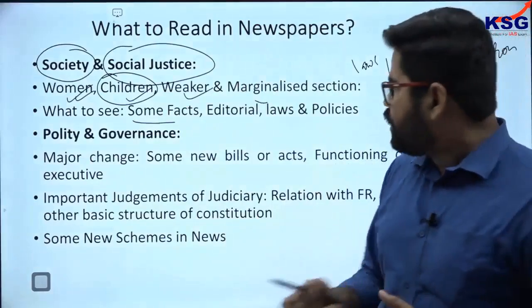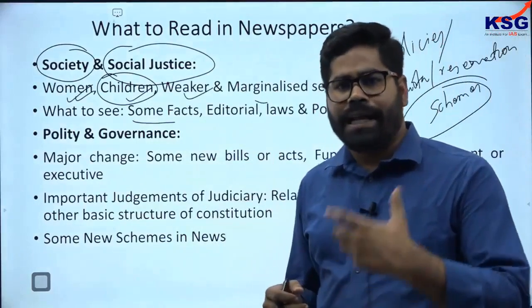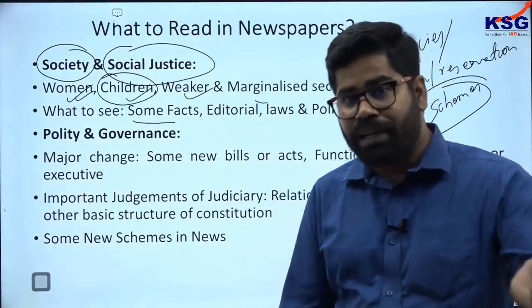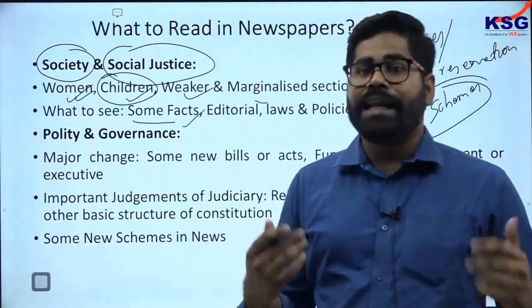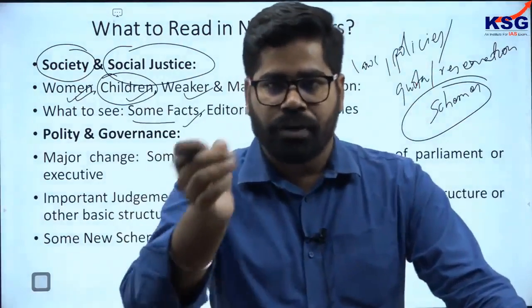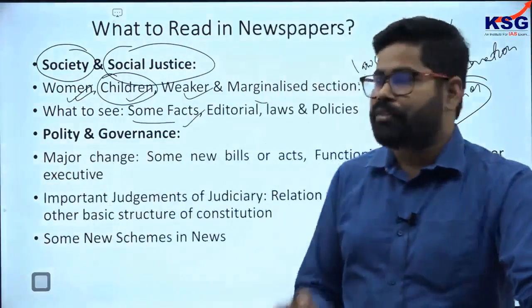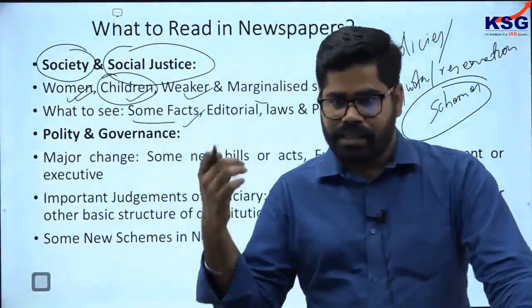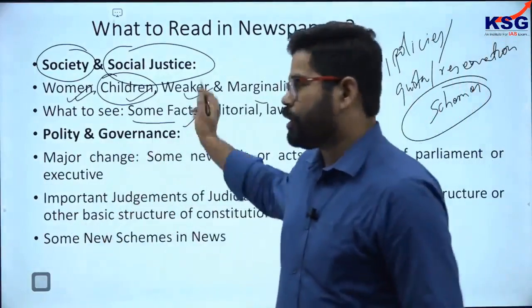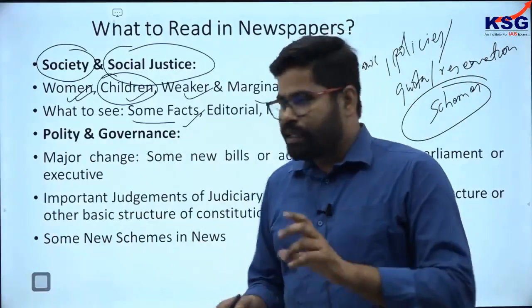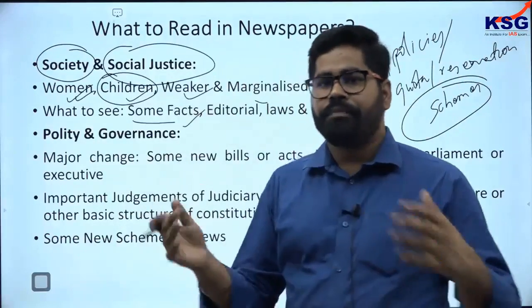So if these sort of facts are mentioned in your newspapers or particularly editorials, then you can note down those facts. If they are telling you the participation of women in the labor force, and they are giving you certain facts, that is 19%, 21% or 27%, you can again note it down. So from these sections, you can prepare some notes.